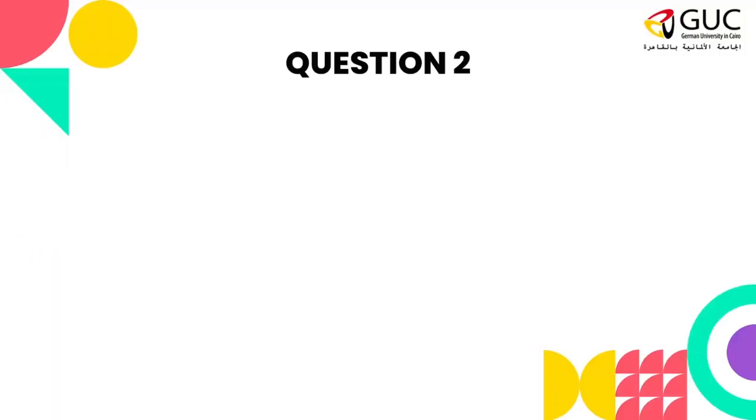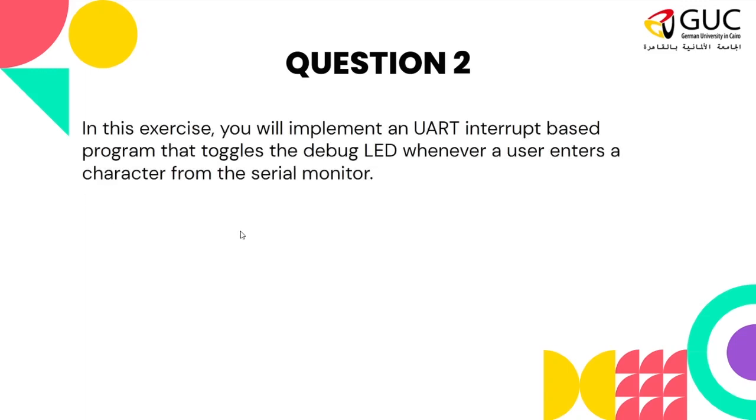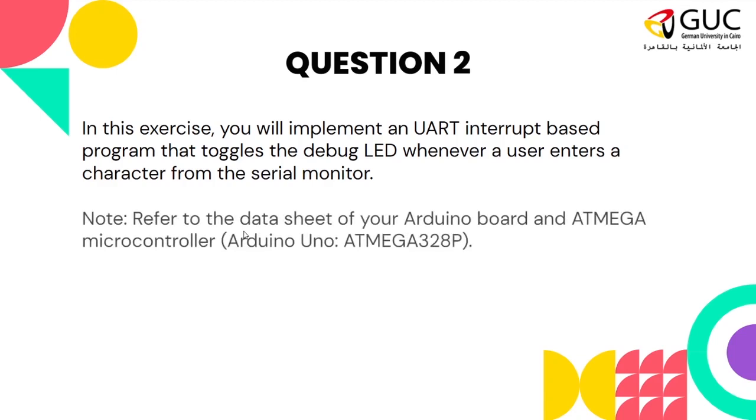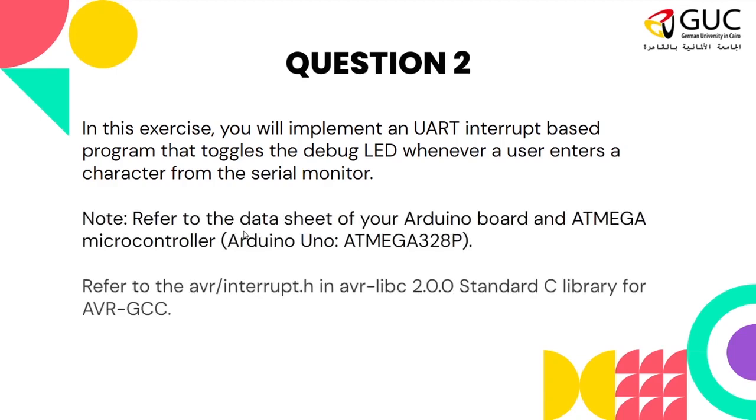Going to question 2. In this exercise, you will implement a new UART interrupt-based program that toggles the debug LED whenever a user enters a character from the serial monitor. We will use the data sheet and the header file called interrupt.